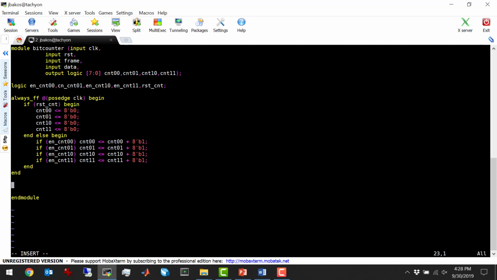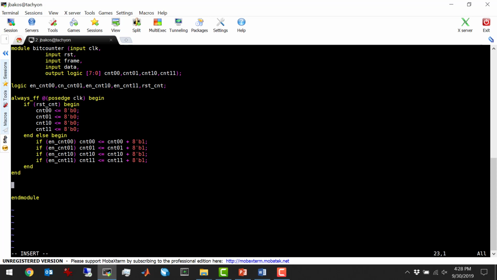And then likewise, if I get frame equals 1 and data equals 1, then I'll go to C01 and I'll enable that counter, enable count 01. Make sense? So I'm putting the outputs inside the state, so this is a Moore machine. And these labels are just arbitrary.